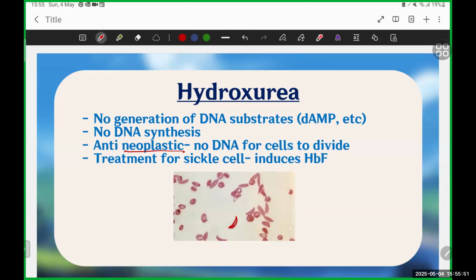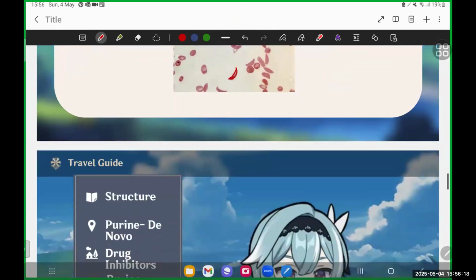So because they divide very rapidly, they use DNA synthesis. Now, if you stop their DNA synthesis, then they're not going to be able to divide. That's why we have a lot of anti-cancerous drugs in this, like methotrexate and hydroxyurea itself. It's anti-neoplastic. Neoplastic and cancerous is the same thing, by the way. Anti-cancer, anti-neoplastic. No DNA for cells to divide. Cells can't divide, and wow, we destroy the cancer cells.